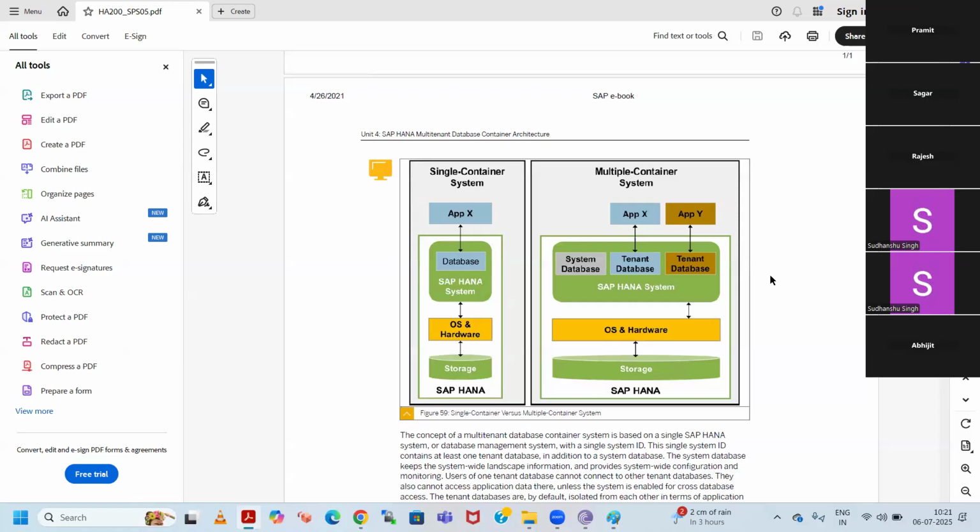Okay, 1 minute is over. So who will explain? If Rajesh, you are comfortable, you can go, or anybody apart from Abhijit, because I know Abhijit can explain.